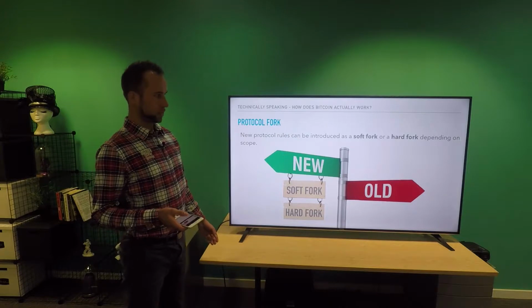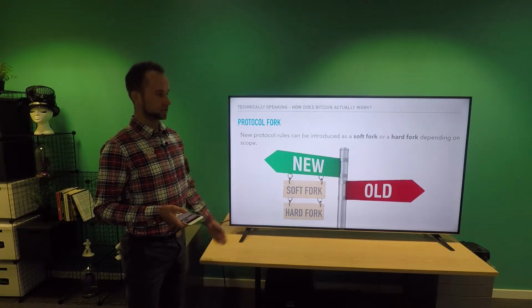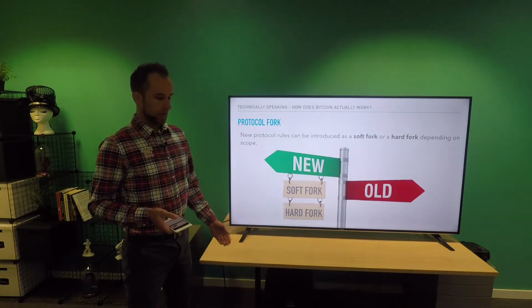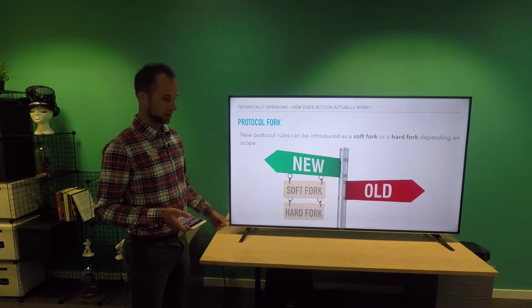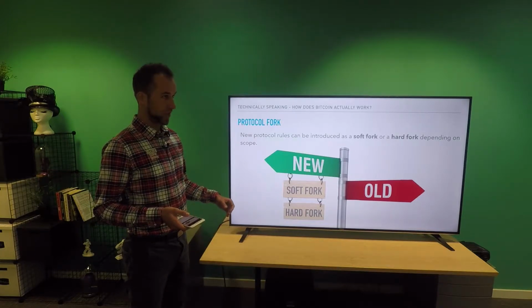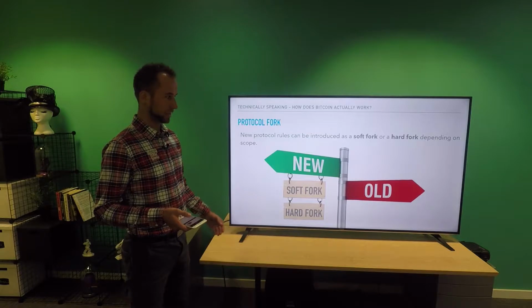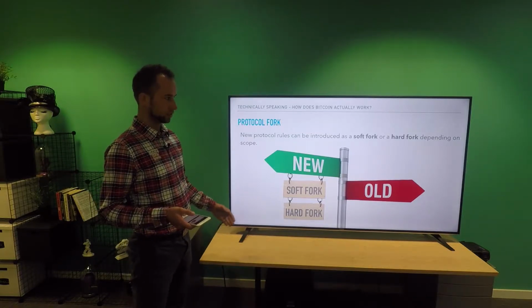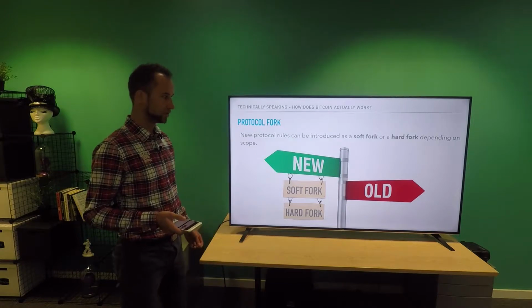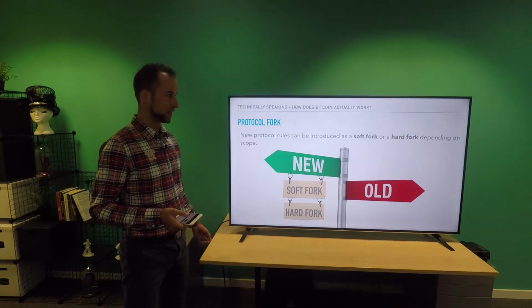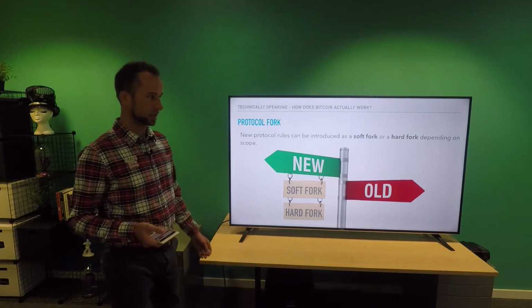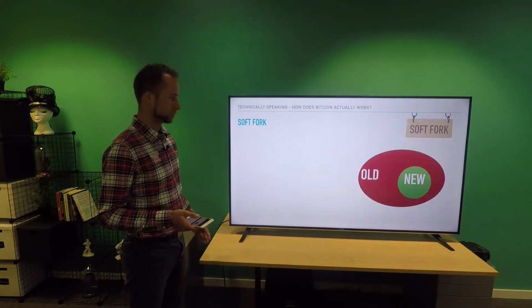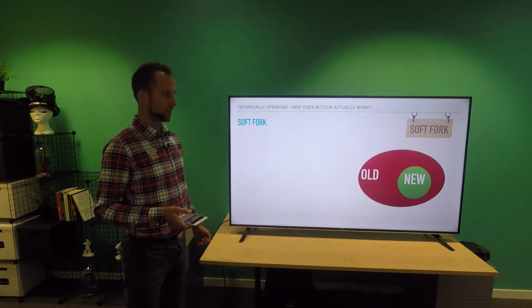So the protocol fork is introducing some software upgrades that change the protocol rules or the consensus rules, and some of those rules can be introduced as a soft fork, and some of them can be introduced as a hard fork, depending on the scope of those rules. So let's examine each of those separately.